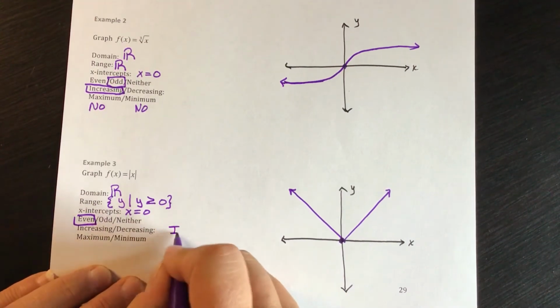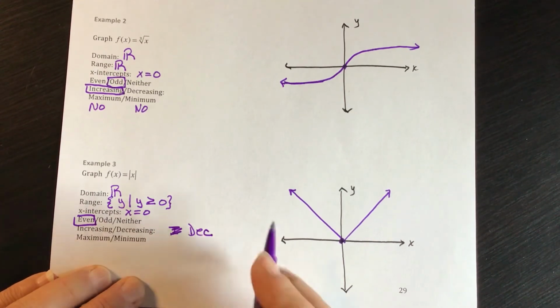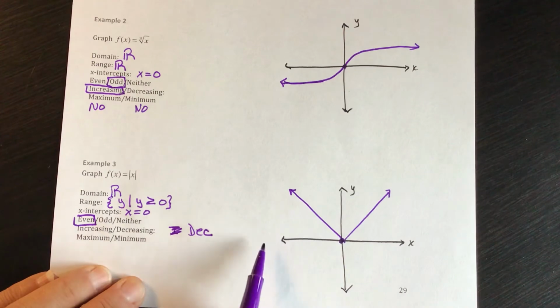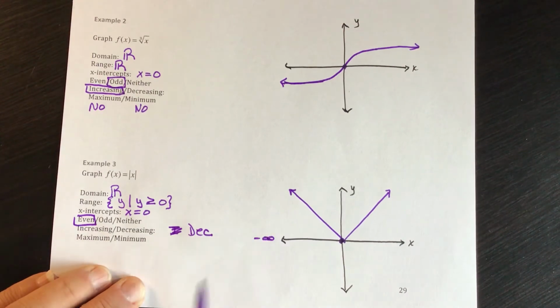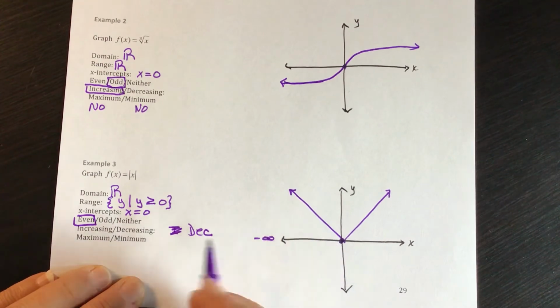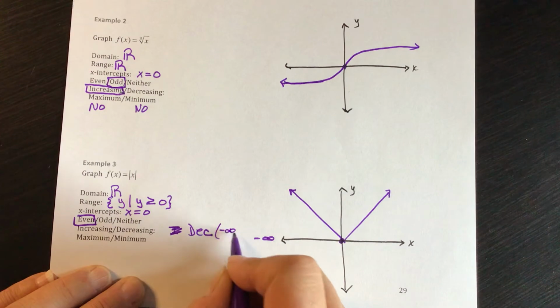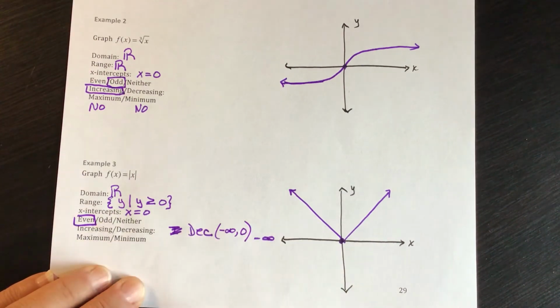And we would say that it is, let's go left to right, so decreasing from negative infinity till we get to 0. So it's decreasing from negative infinity to 0.